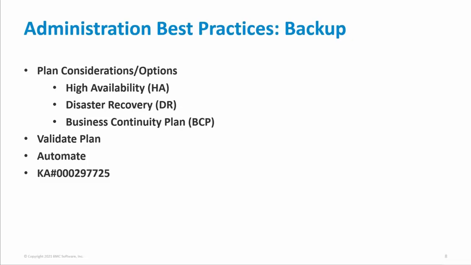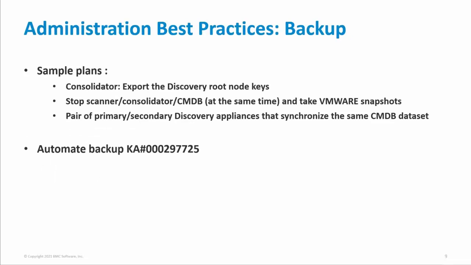I remind that once you have designed a backup plan, it is recommended to test it and to automate it. Let's review some examples of backup plans. In the first example, we are going to review the case of a consolidator that synchronizes a CMDB. In this case, the appliance does not scan anything.